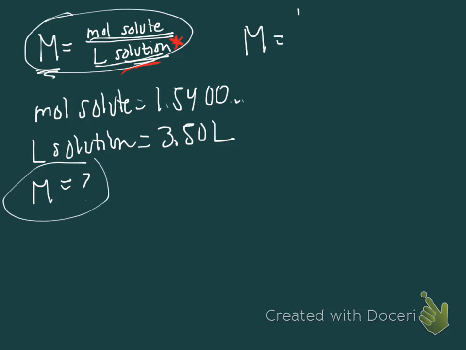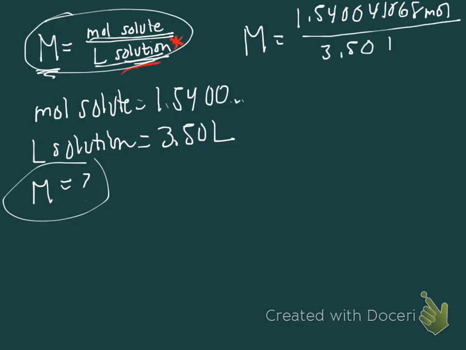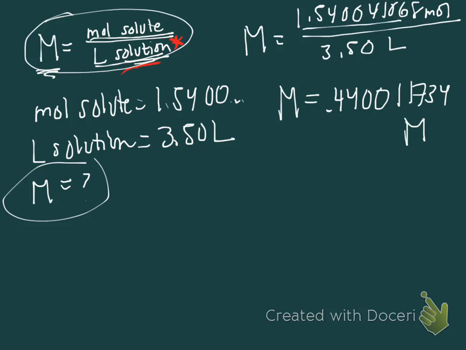Molarity is equal to 1.540041068 moles divided by 3.50 liters. Okay, so we use, of course, our whole number for number of moles. Divided by 3.5, we get 0.440011734 molar solution.